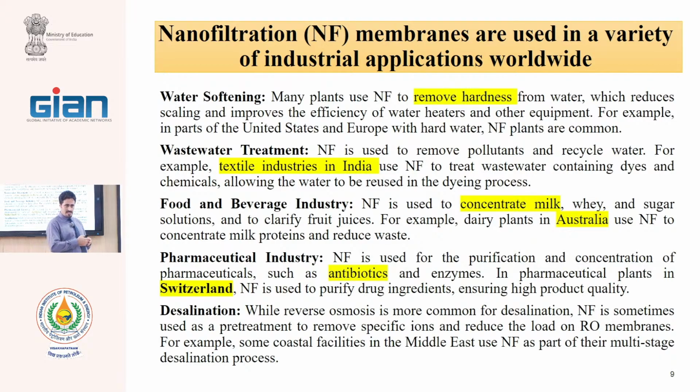After dyeing the textile, the concentration of dye is reduced because it is absorbed on the cloths, on the fabric. But we have a very, very colored solution. It goes to the NF, the water is separated, and the dye is concentrated and goes back to the textile dyeing reactor.